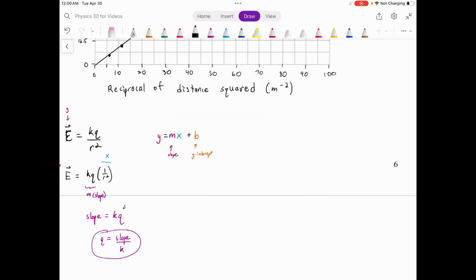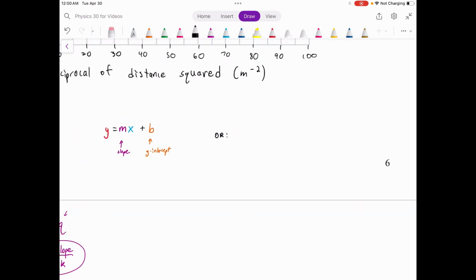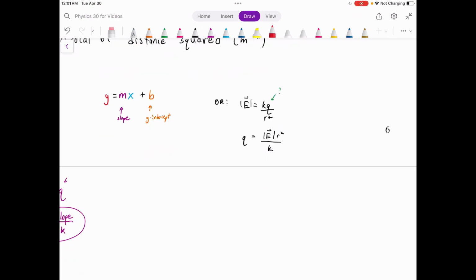Now, if you don't want to do it that way, if you'd rather just solve for q and then see what you're doing with y and x, that'll work as well. So if we have that the electric field is equal to kq over r squared, can we just isolate for q and see what we're doing with y and x? We can, right? Multiply both sides by r squared and then divide both sides by k. And we're close there. This is our y, but this isn't quite our x, right?